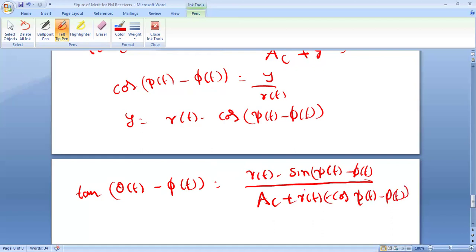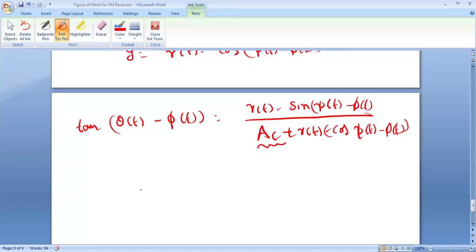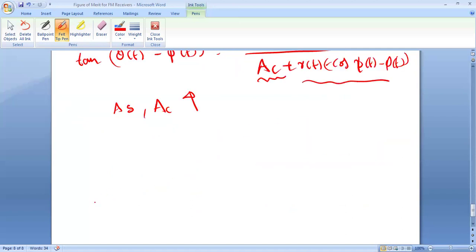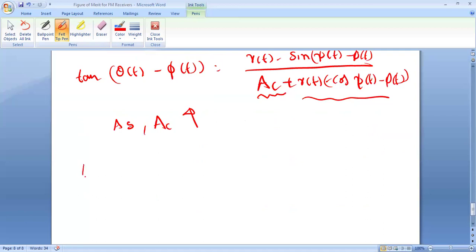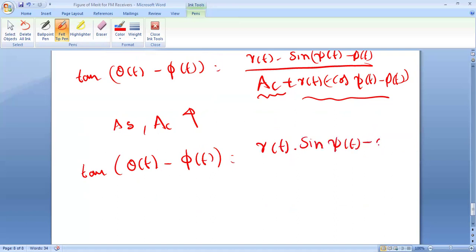However, what is assumed? We have assumed that the carrier amplitude is much larger. So, as Ac, the carrier, is larger, we can neglect the other term. In such a case, you can write tan theta of t minus phi of t equals r of t into sin psi of t minus phi of t by Ac.